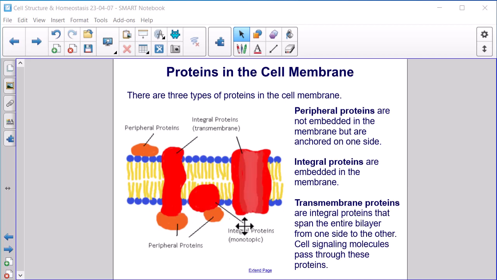So you can see there are 2 types of integral proteins, monotopic or transmembrane, labeled in red. Transmembrane proteins are a type of integral protein that span the entire bilayer from one side to the other. Cell signaling molecules pass through these proteins.